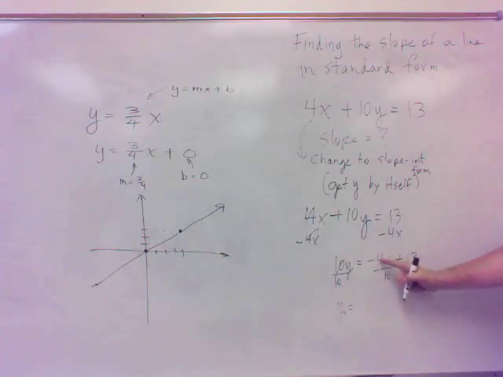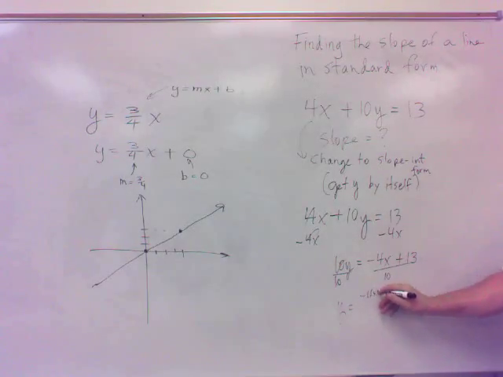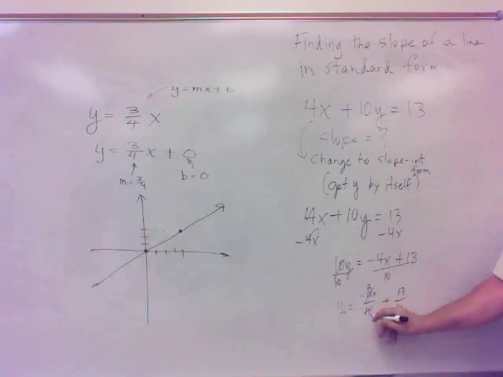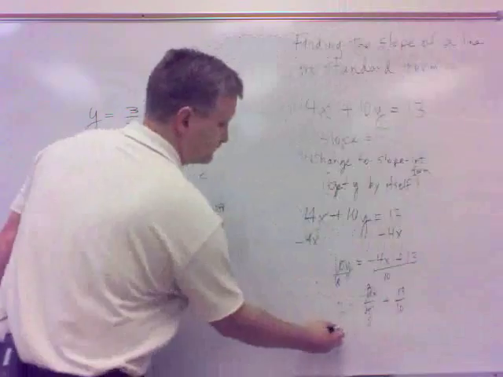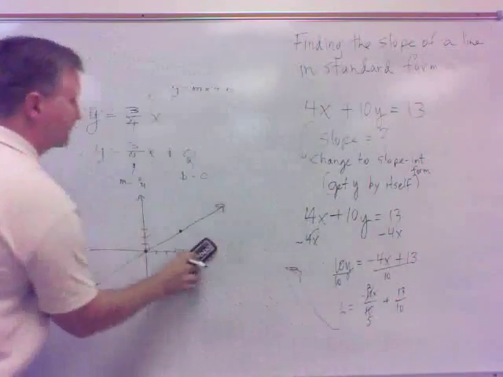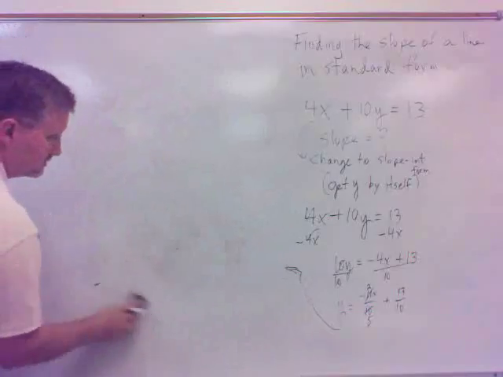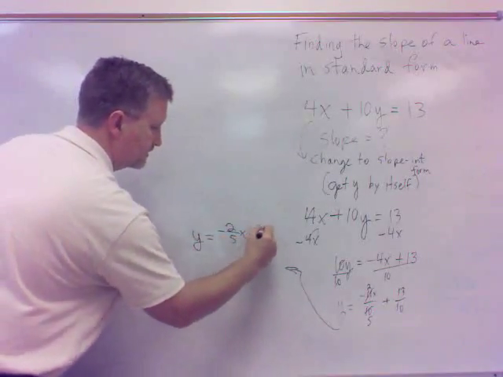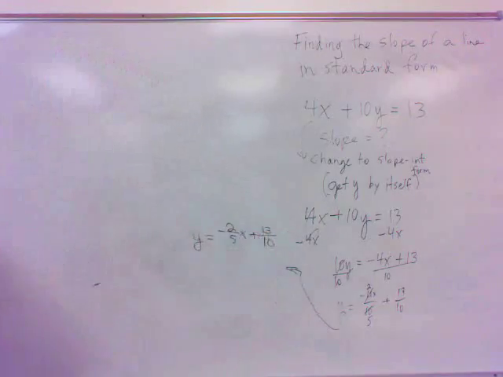Now, this 10 does divide both of those, so it'd be negative 4x divided by 10 and 13 divided by 10, which doesn't reduce, but this does reduce to be negative 2 over 5. Reduce those by 2. So here I wind up with y equals negative 2/5 x plus 13/10, which goes a long way to answering our question.